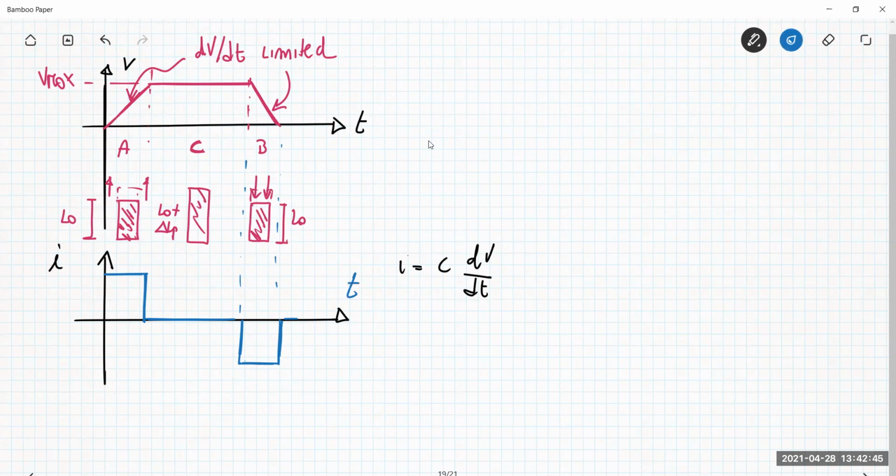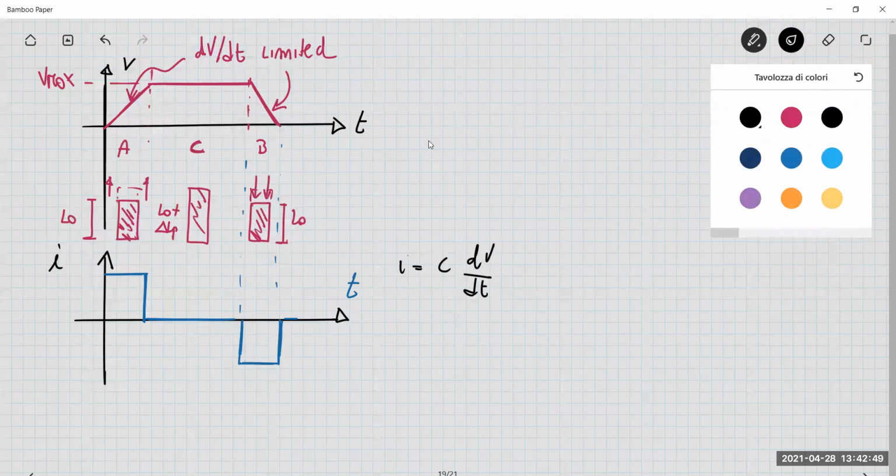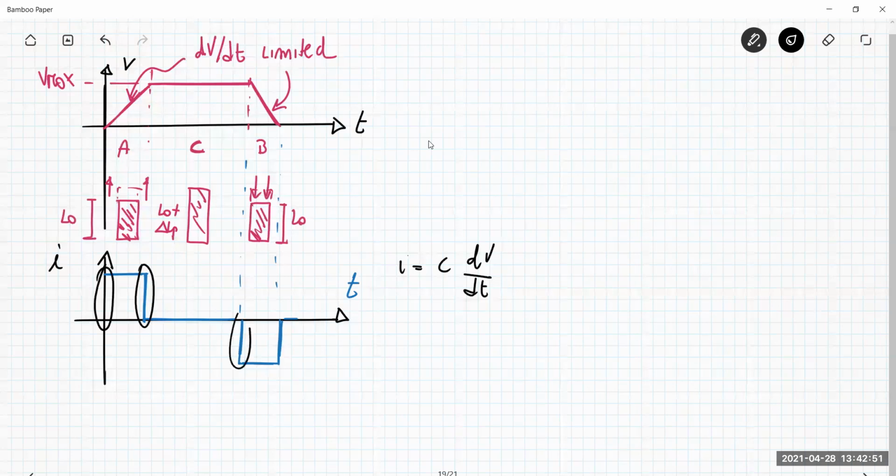In a practical situation, even these very steep currents that you can have here, or here, are something that you have to avoid. Typically the dI/dt must be limited.